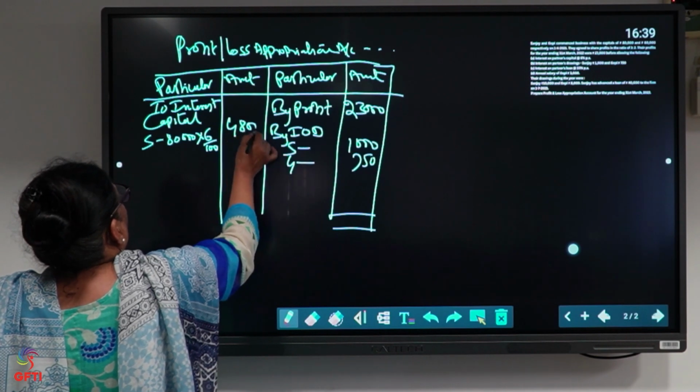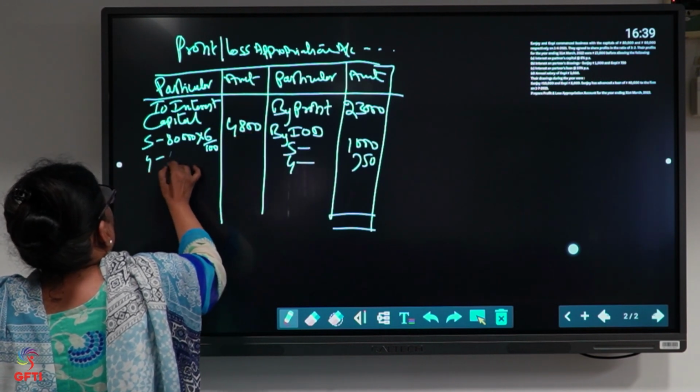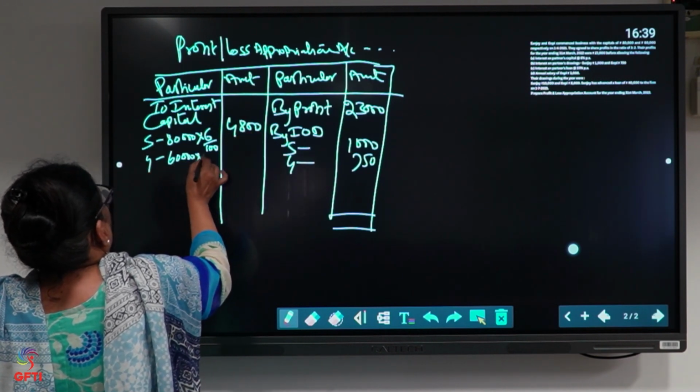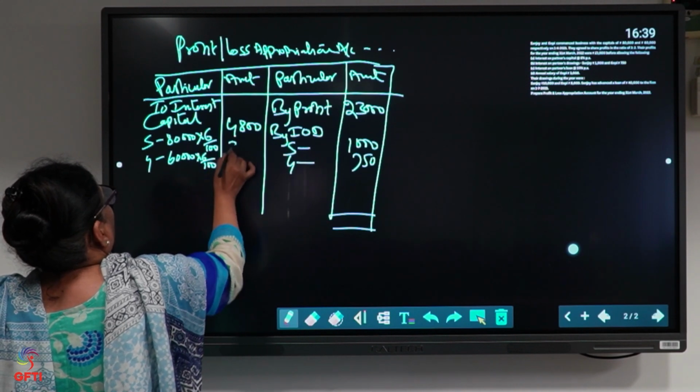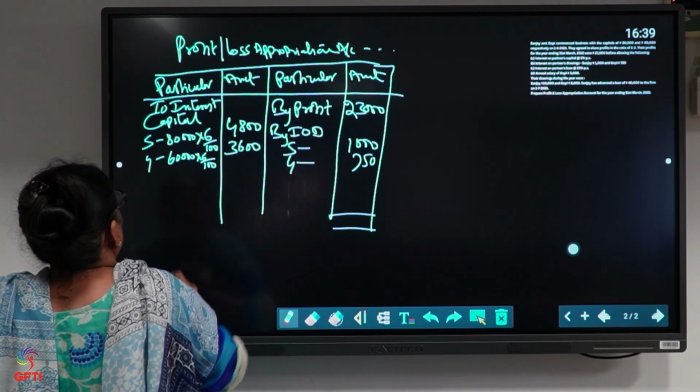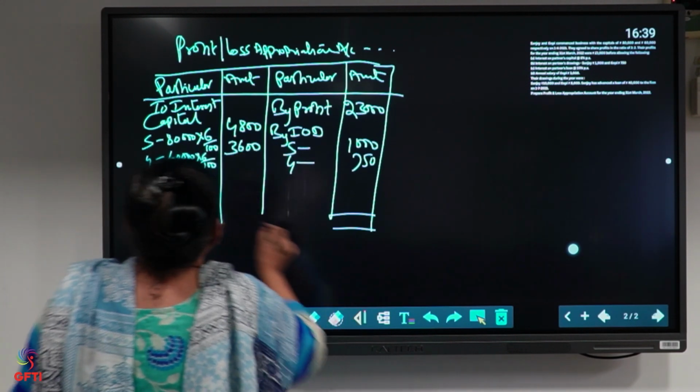So 6 eights are 48, 4,800 it was. Then Gopi's 60,000 into 6 by 100 was 3,600. Clear?